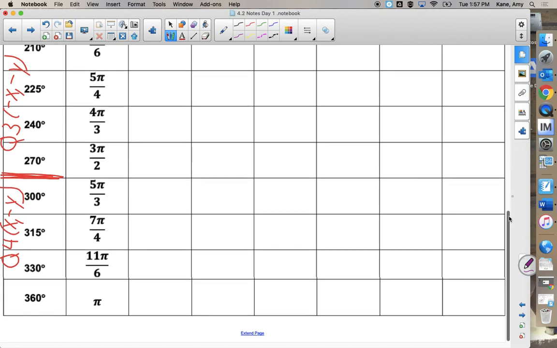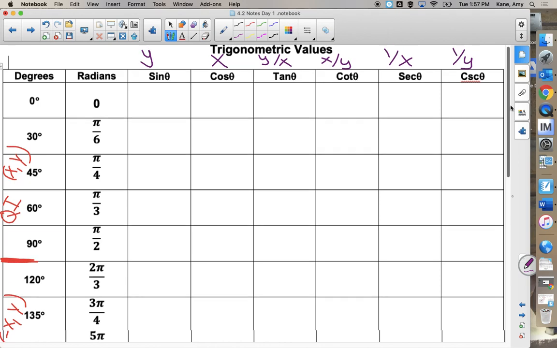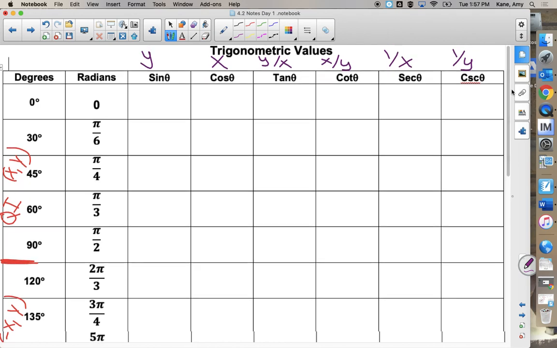Okay, so my goal is to show you how this chart works in a very short amount of time. So I'm going to give you the answers to pi over 6. I know, right? That's really nice of me. So sine is 1/2, cosine is square root of 3 over 2, because the ordered pair is the square root of 3 over 2 and 1/2.